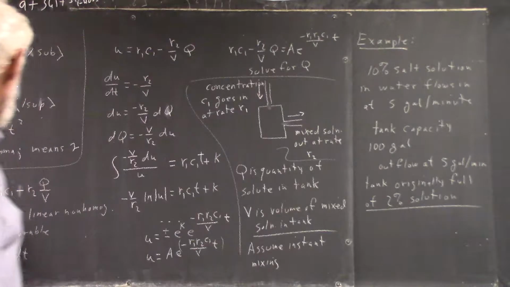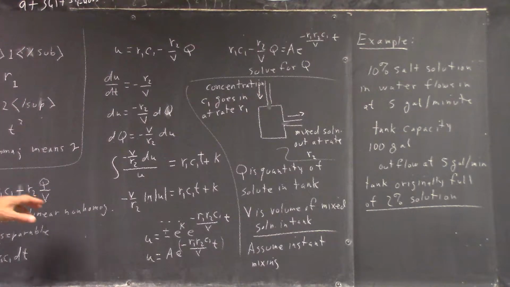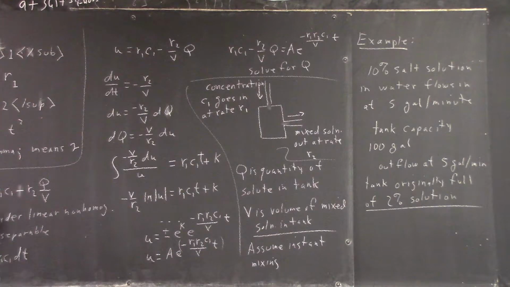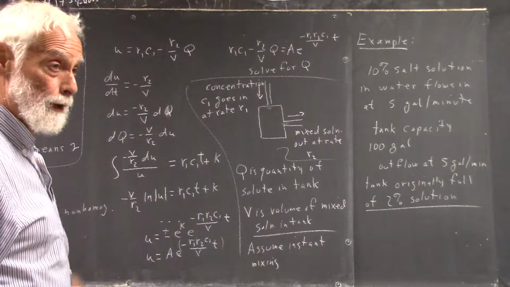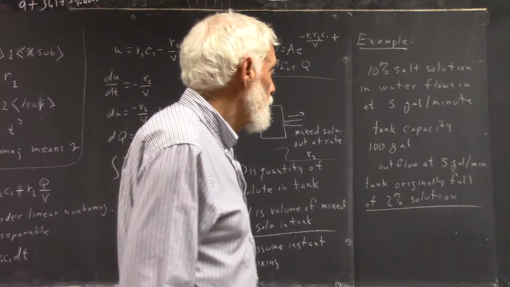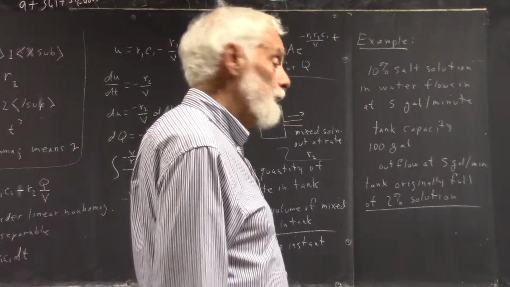So that's your R1C1. Okay? Not sure the camera's picking up everything over here, but there it is. Okay? Outflows 5 gallons per minute.